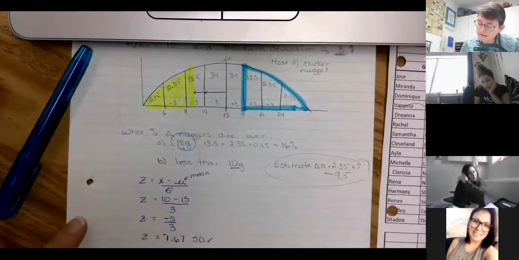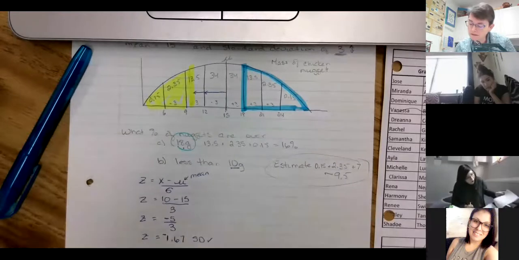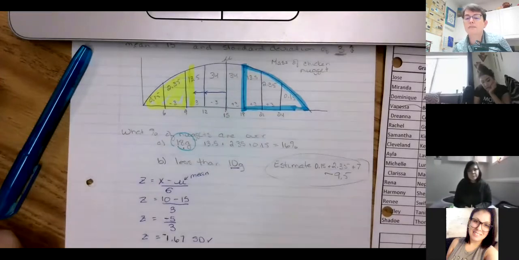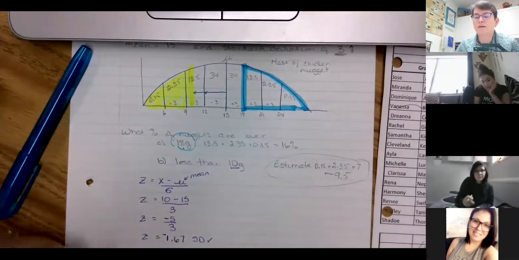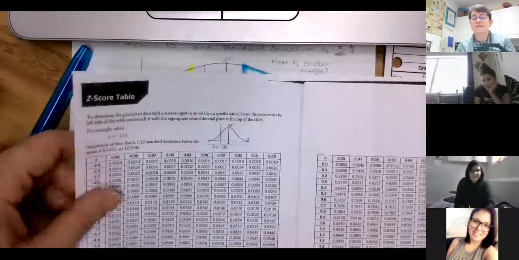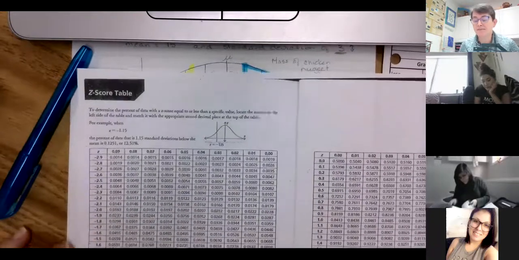Who remembers? Hold on. Nope, that doesn't work. All right, Harmony, what do we do now? Because that's not a percent. What do we need? Multiply it by 100. Oh, such a good guess. But no, not yet. We need this delightful Z-score table.